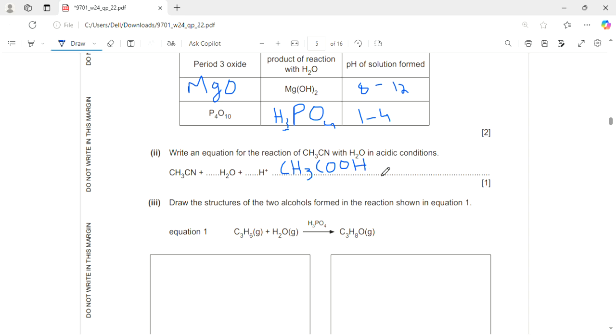And we got ammonia as well, NH4, ammonium ion.